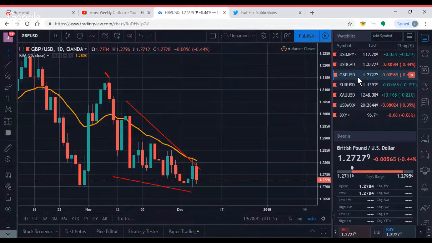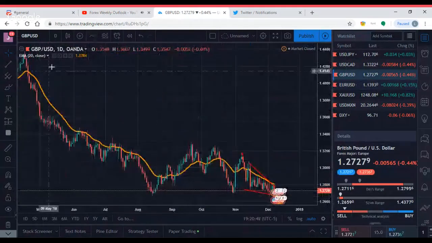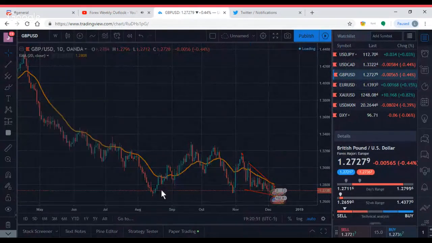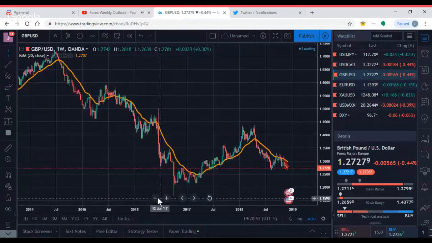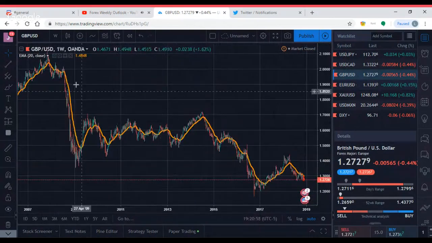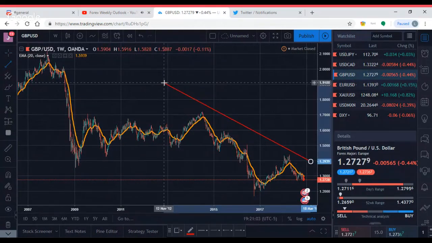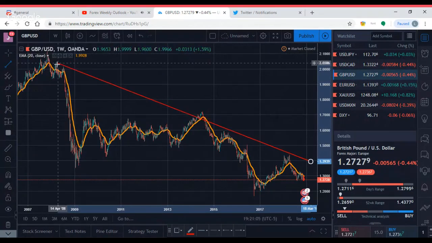Next is GBP USD. Now let me go out to the weekly. Draw trends out.